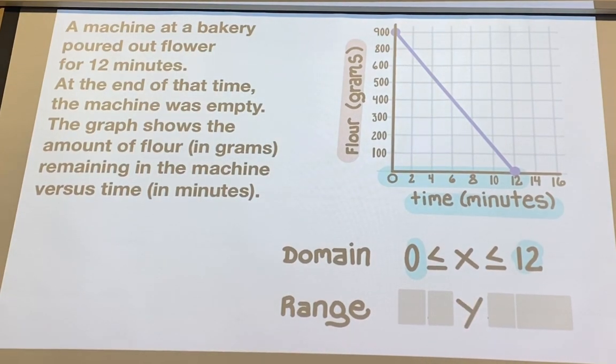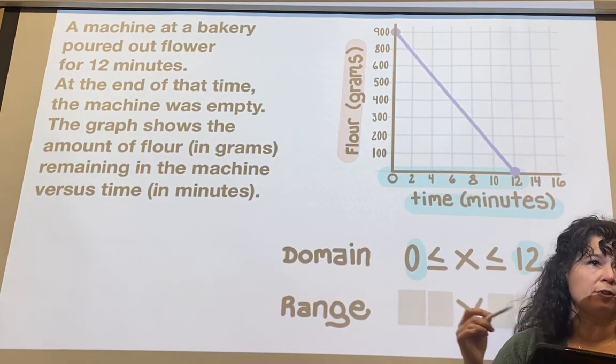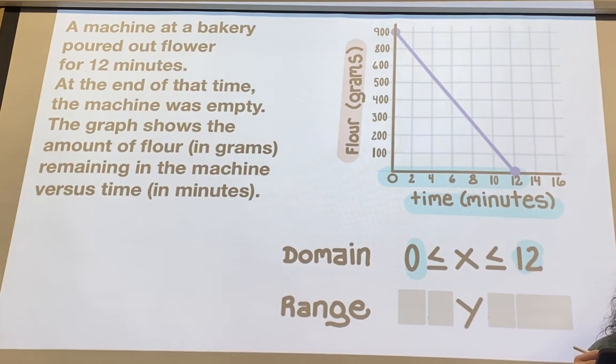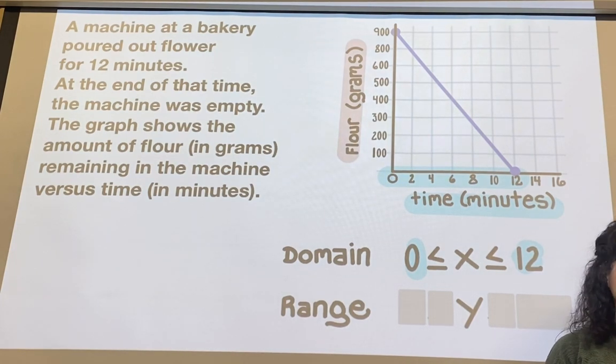Okay, so for our range, what is the lowest that we can go for the grams of flour? Could you have a negative amount of flour? Okay, could you have 0 flour? Yeah, just don't have any, right? Okay, what's the most we could go to?